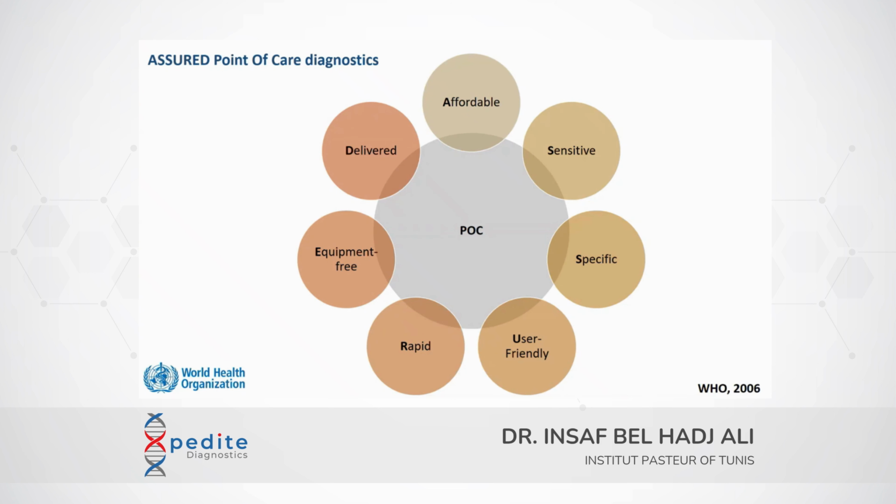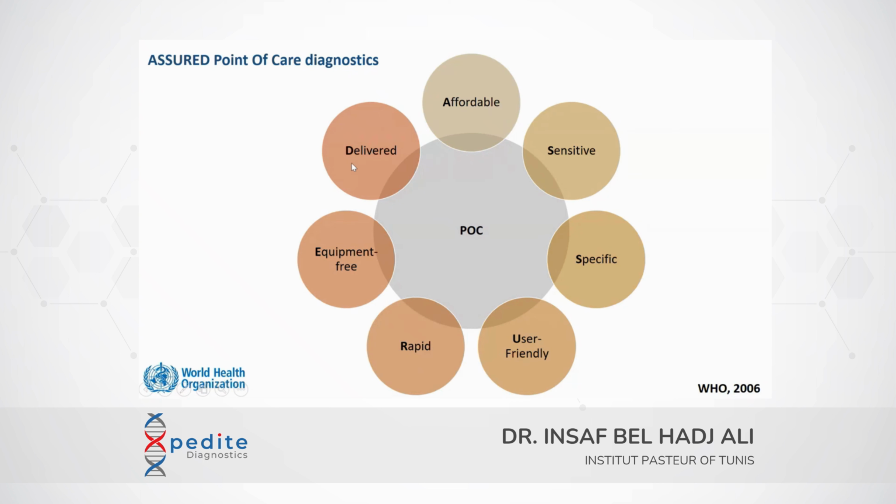So, in 2006, the WHO published a set of criteria that they called ASSURED to identify or to define a POC test. So, for a test to be a POC, it has to be affordable, sensitive, specific, user-friendly, rapid, equipment-free, and deliverable.